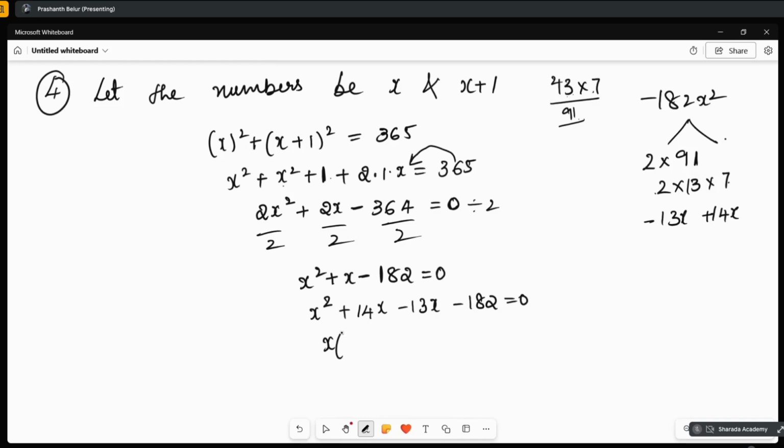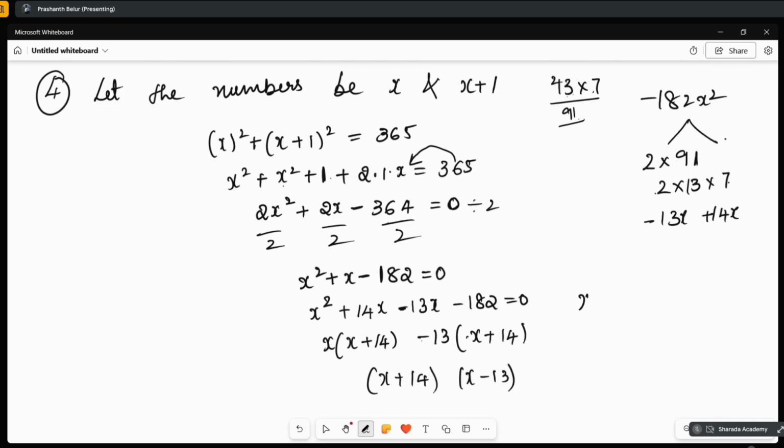x, if I take here, x plus 14 minus 13 here. So x plus 14. If you take minus outside, inside it will change the sign. Here it is minus, it will become plus, because minus into plus is minus. Okay. So x plus 14 into x minus 13.